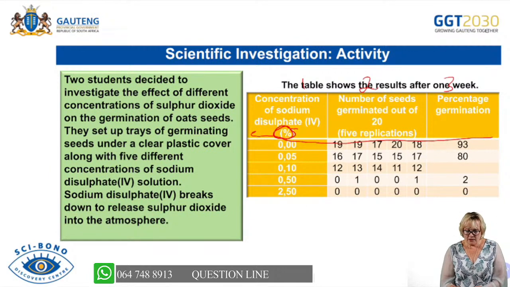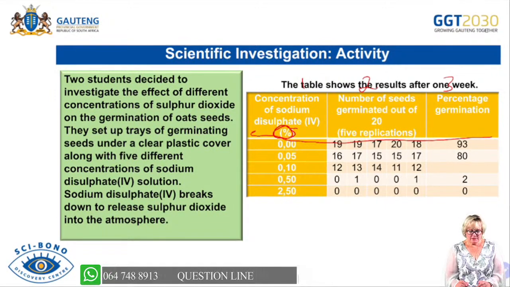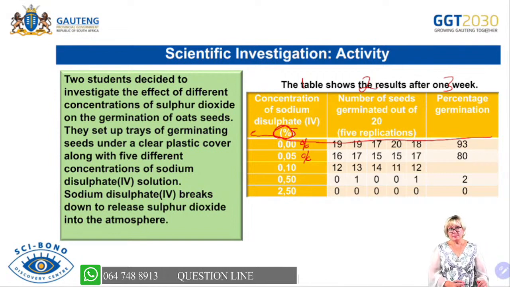So we don't write here 0.00%, and then 0.05%. All right. In life sciences, we put it on the top, in the column heading. So that's very important for you guys, that you put it in the column heading. So you must notice this.